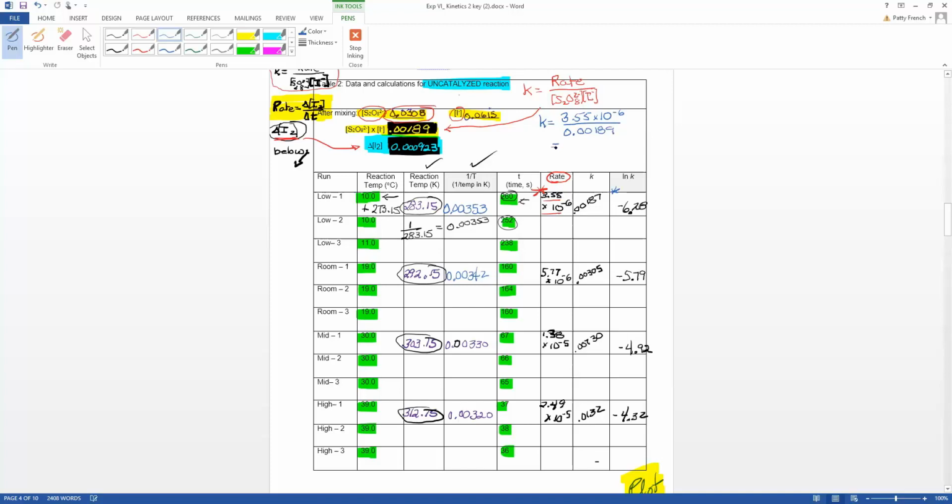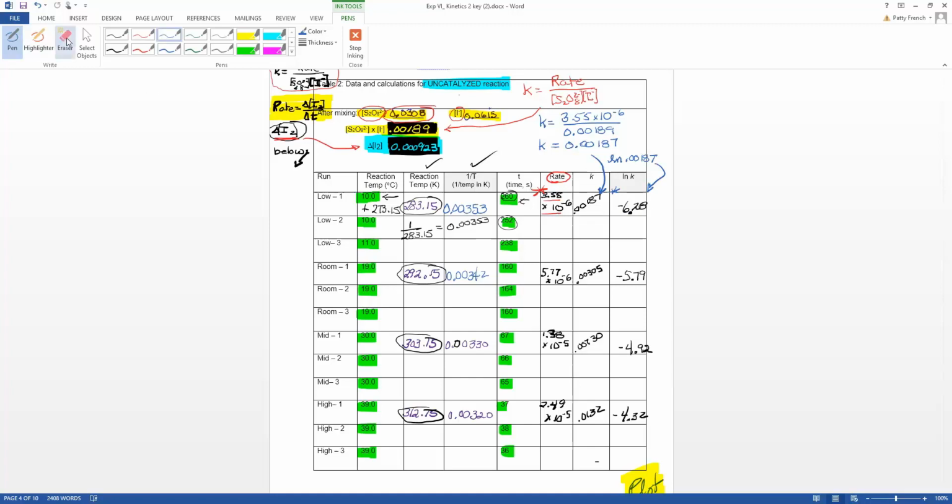And making sure that I used my exponents correctly, I did end up with 0.00187 as my K for that very first run. Now, right away, I just pressed the ln button and put 0.00187 in. And lo and behold, there was my ln of K, negative 6.28.